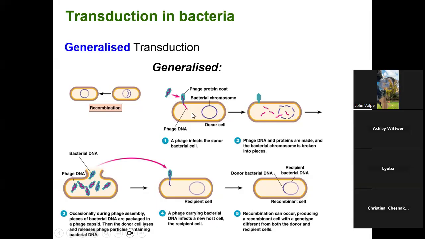And the easiest way to do that is to have your genome be the only genome running and capable of functioning in the cell. And so it degrades the host chromosome.